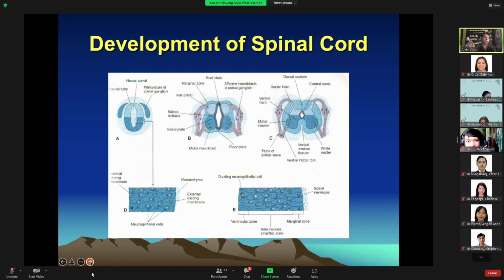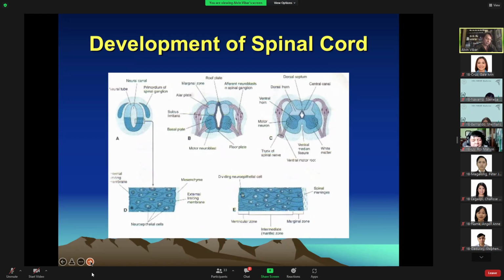Let's start with the development of spinal cord. Okay? This is the future. You've seen a cross-section of the spinal cord. Remember the slide of nerve cell, spinal cord. Nakita nyo na to. This is the gray matter inside and this is the white matter. So yung tinignan nyo dati na butterfly shape, that's the gray matter.